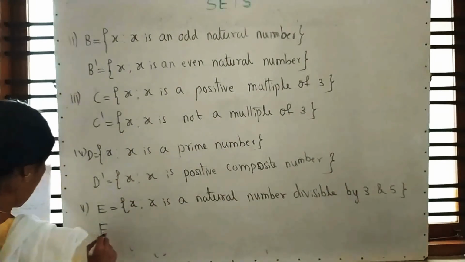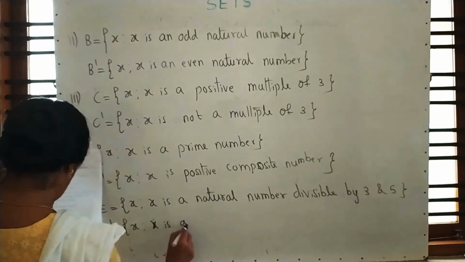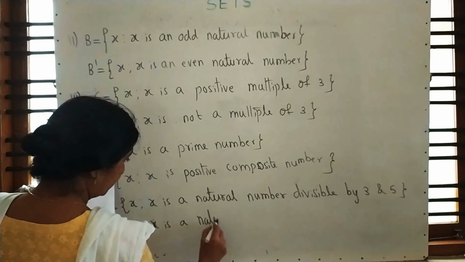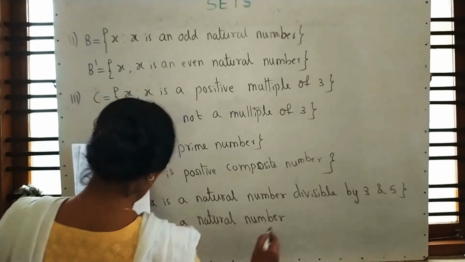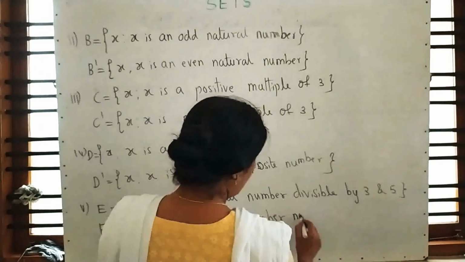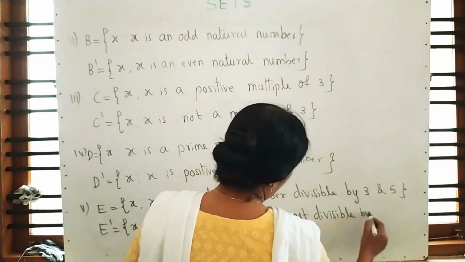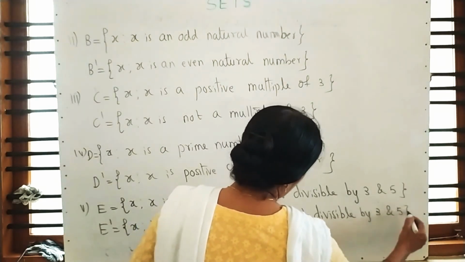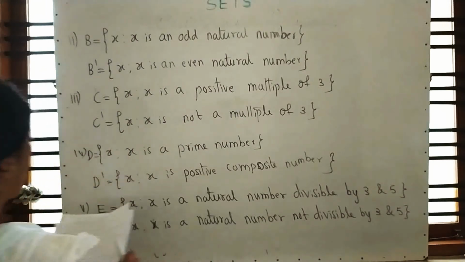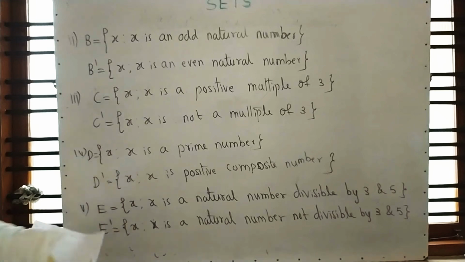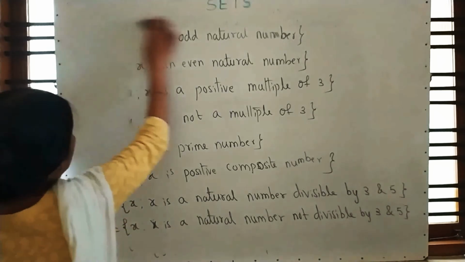So you can write this complement: x such that x is a natural number not divisible by 3 and 5. Correct or not? Yes, this is how we are writing the complement. Moving to the next question. Total 9 questions are there.